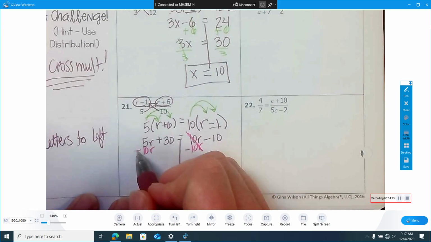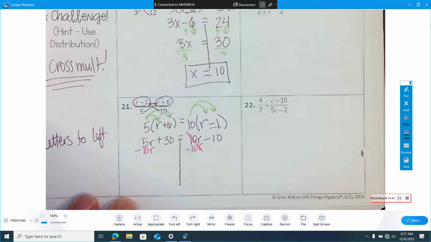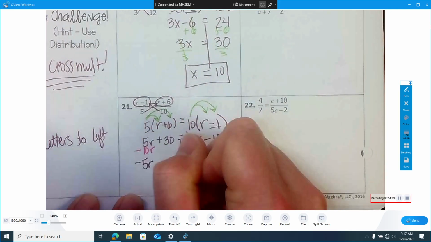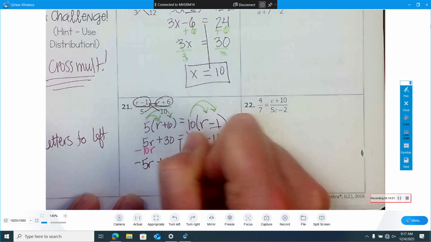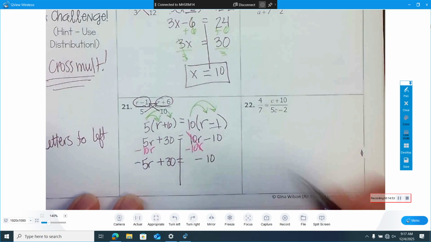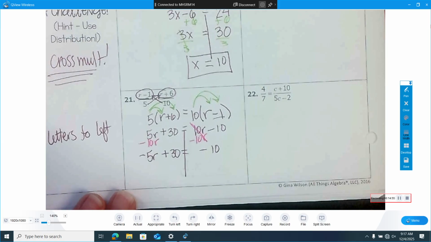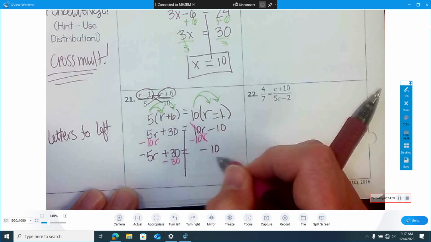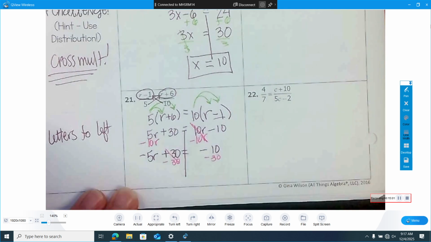What is 5r's minus 10r's? Negative 5r plus 30 equals my negative 10. And now what do we do? Minus 30. Minus 30. Very good.